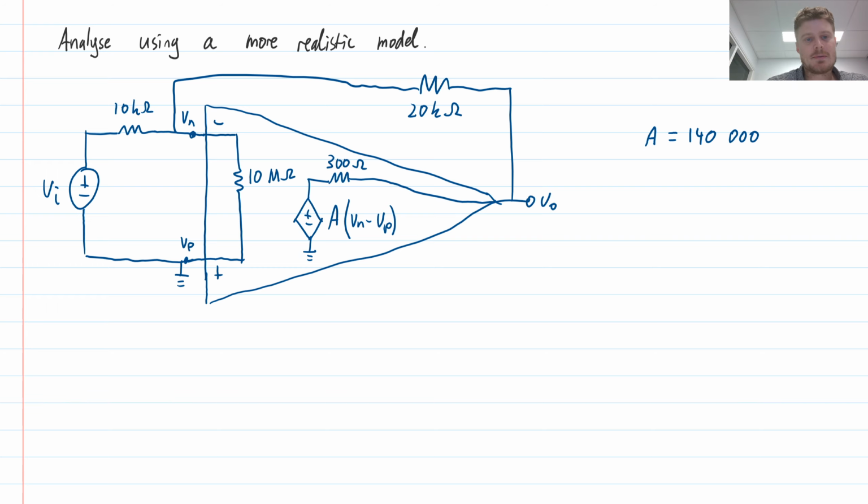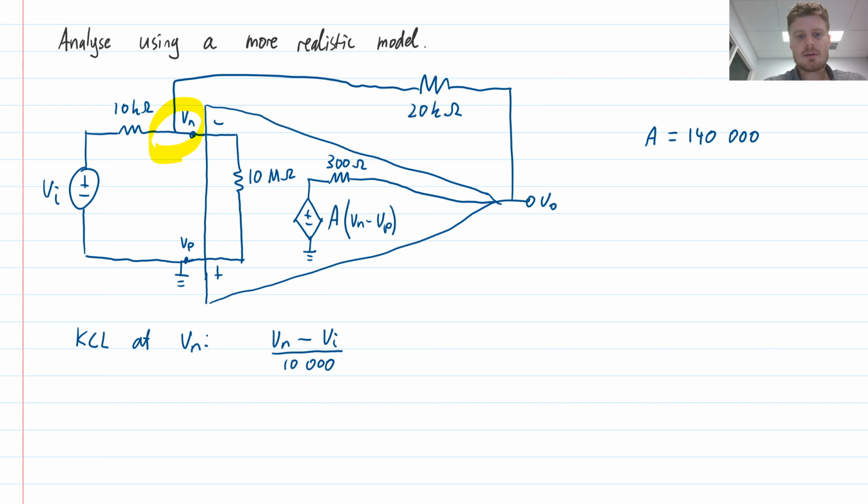How will I go about this? Well, I'll use the node voltage method, and I will write KCL around this particular node here. So Kirchhoff's current law at Vn, and here's how that is going to look. The current leaving to the left is going to be Vn minus Vi divided by 10,000.